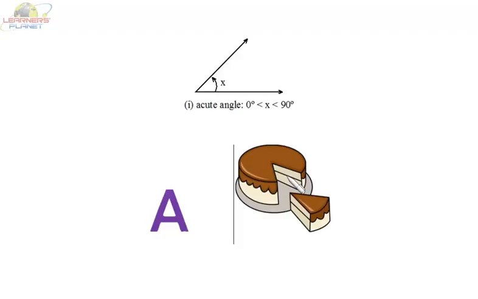We see a piece of pie over here, and this particular angle is an acute angle. Here in the letter A, this is an acute angle, and this is an acute angle.